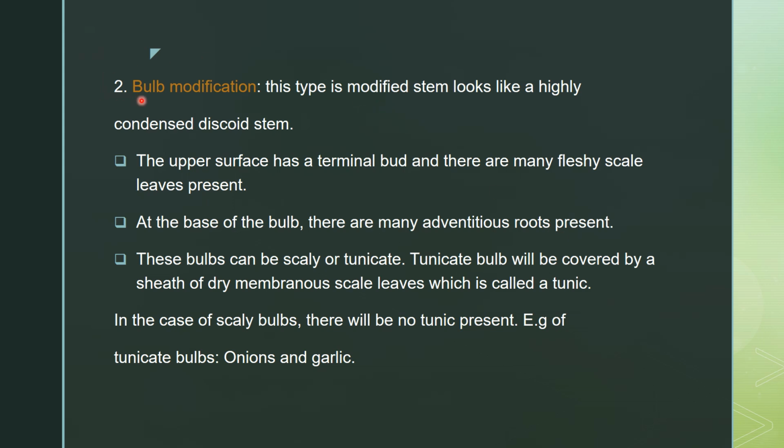The second one is the bulb modification. The bulb is also familiar to you because we usually use it at home. This modified stem looks like a highly condensed discoid stem.